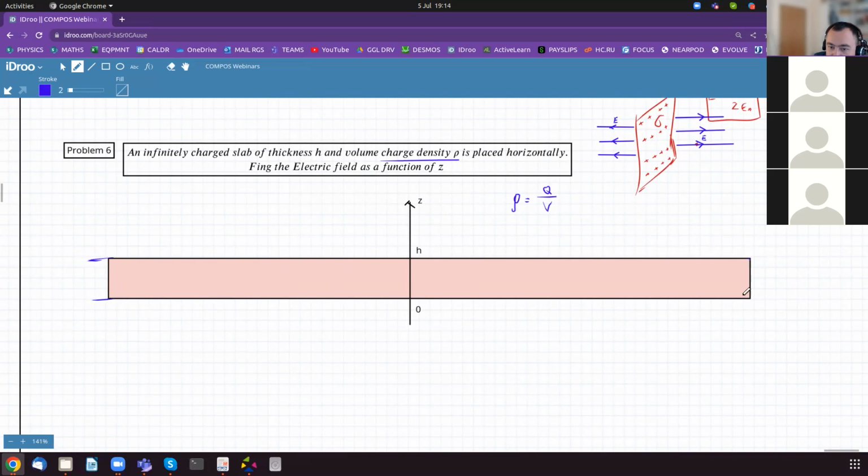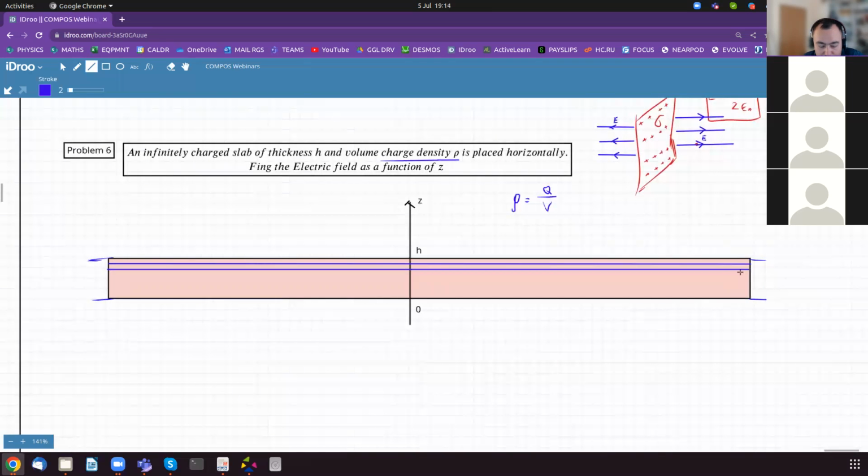But what you can do is realize that this is a slab made of many infinite surfaces, etc.